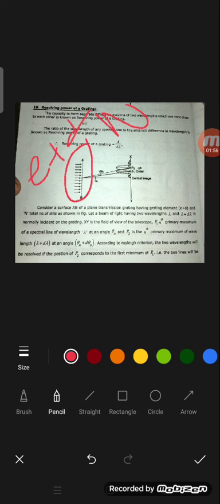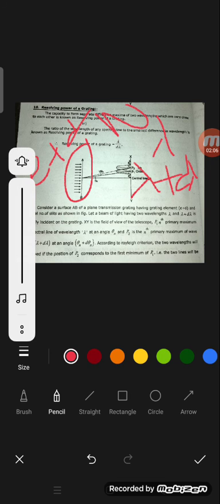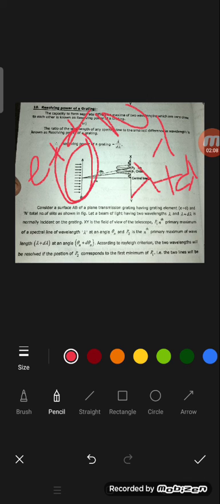Let the beam of light have two wavelengths, lambda and lambda plus d lambda, normally incident on the grating.